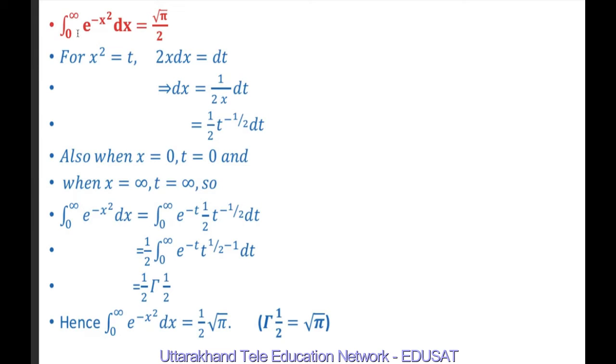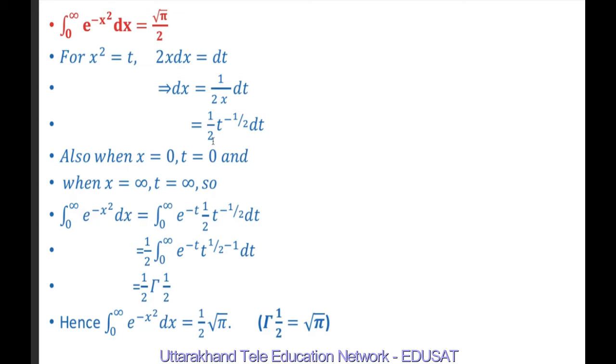Now we will show that integral 0 to infinity e raised to power minus x square dx is equal to under root pi upon 2. If we substitute x square equal to t, then 2x dx equal to dt. It means dx is equal to 1 upon 2x dt, and x is nothing but under root t.